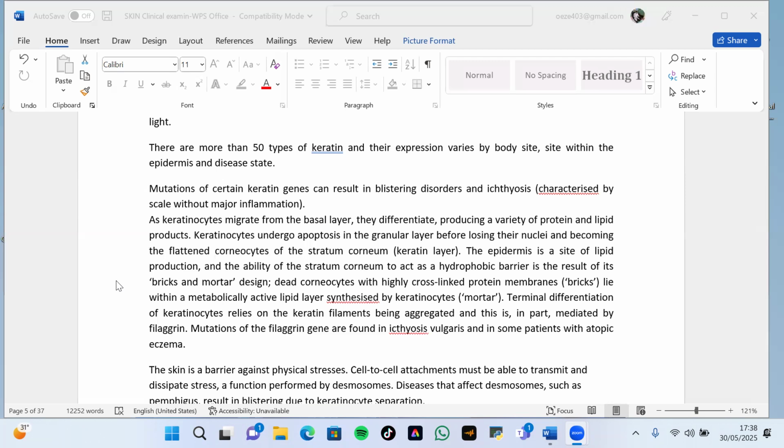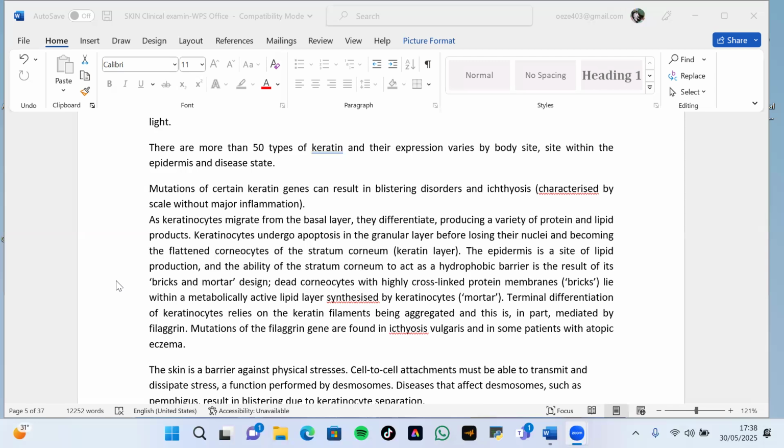Before they die, they lose their nucleus and become flattened corneocytes of the stratum corneum. You know the epidermis has layers, and the topmost is the stratum corneum. When you have the word stratum, it means layers. But the layer that produces these keratinocytes is the basal layer.